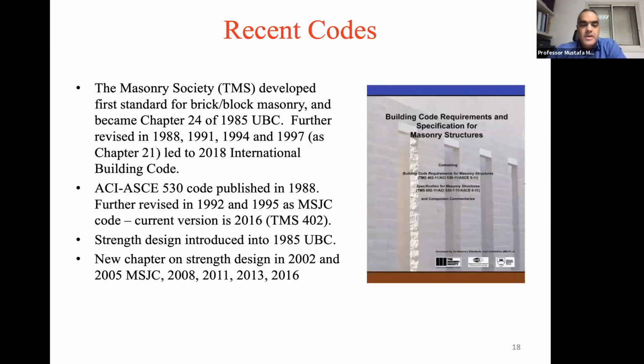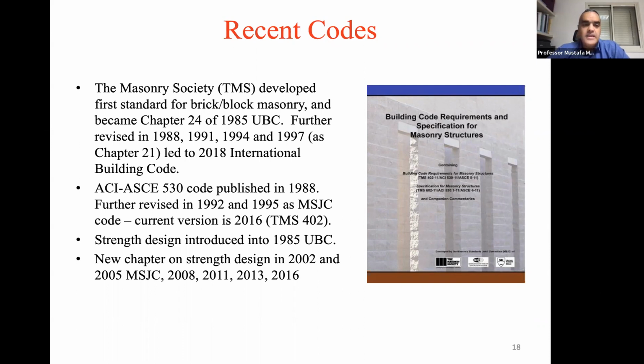Then we have codes that were developed jointly by the Masonry Society, TMS, by ACI, the American Concrete Institute, and by ASCE, the American Society of Civil Engineers. And we have codes that first started in the Uniform Building Code, in 1985.